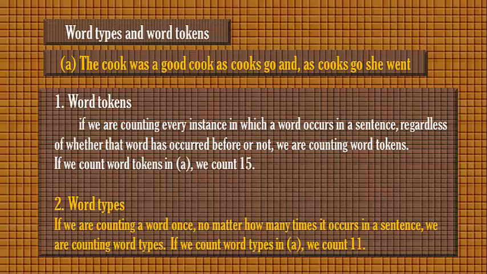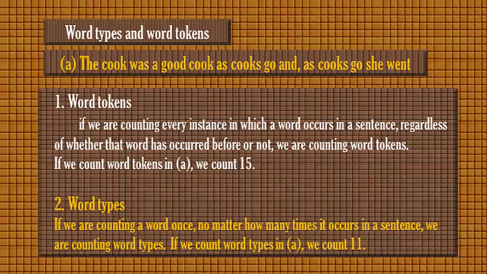After defining word, we now see another topic regarding word, and this topic is word types and word tokens. What are a word type and a word token? Again, consider the set of words in A. The cook was a good cook as cooks go, and as cooks go, she went.